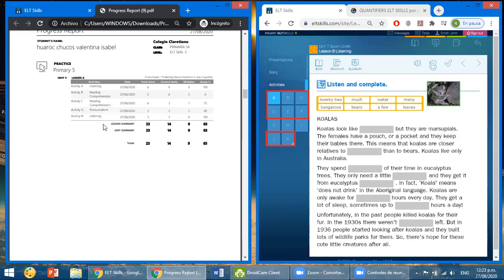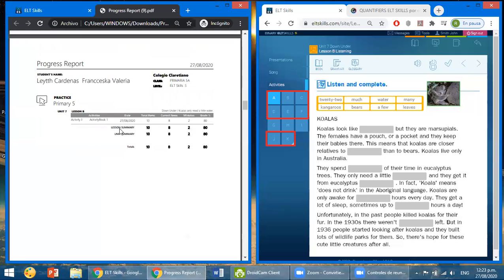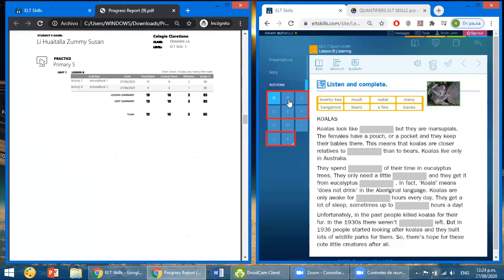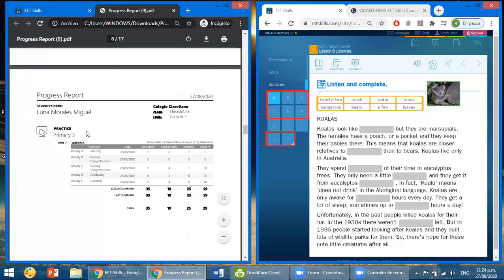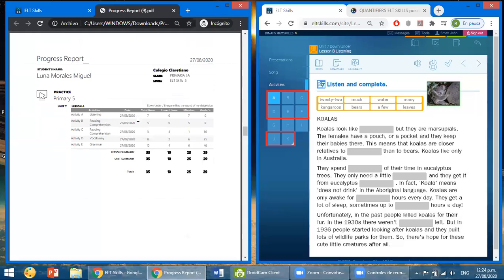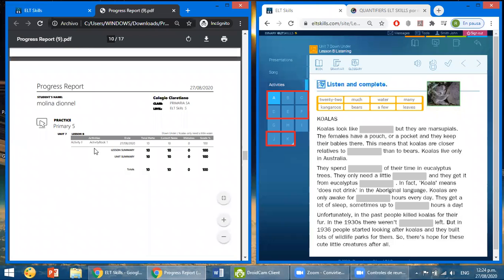Very good, Valentina. Francesca, the activities, please. Let's work. Sumili, good. The activities, please, A, B, C, D, E, F. Miguel, very good. You're A, B, C, good. But take your time, please, Miguel, okay, for the activities. Valerie, good. The activities, please, okay? Dionel, good.